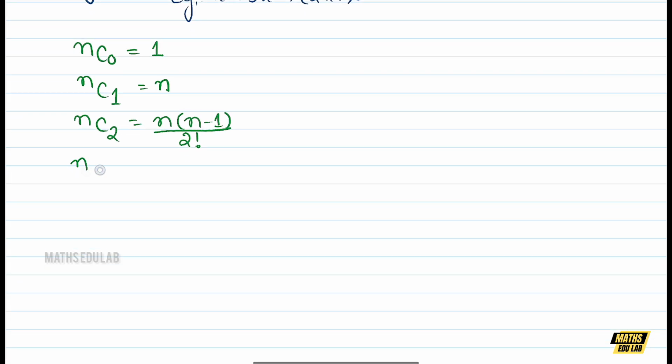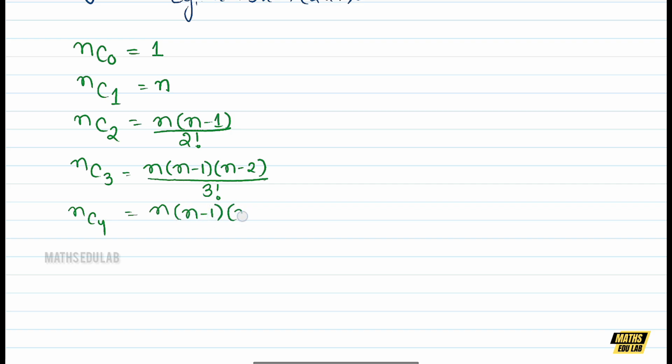Then nC3 is n into n minus 1 into n minus 2 by 3 factorial. Up to nC3 is enough. If you have nC4, then you can write it as n into n minus 1, n minus 2, n minus 3 upon 4 factorial. Like that we can write the values for these combination values.